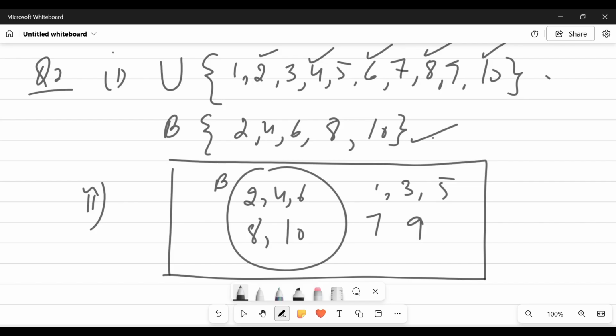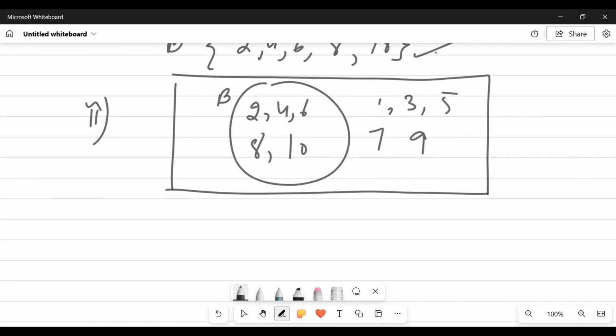Now the third part. Listing all the elements of the universal set and of set B in set notation is done, and drawing the Venn diagram is also done. The third one is, from the Venn diagram, list all the elements of B complement in set notation. You drew the Venn diagram, now write down the B complement.